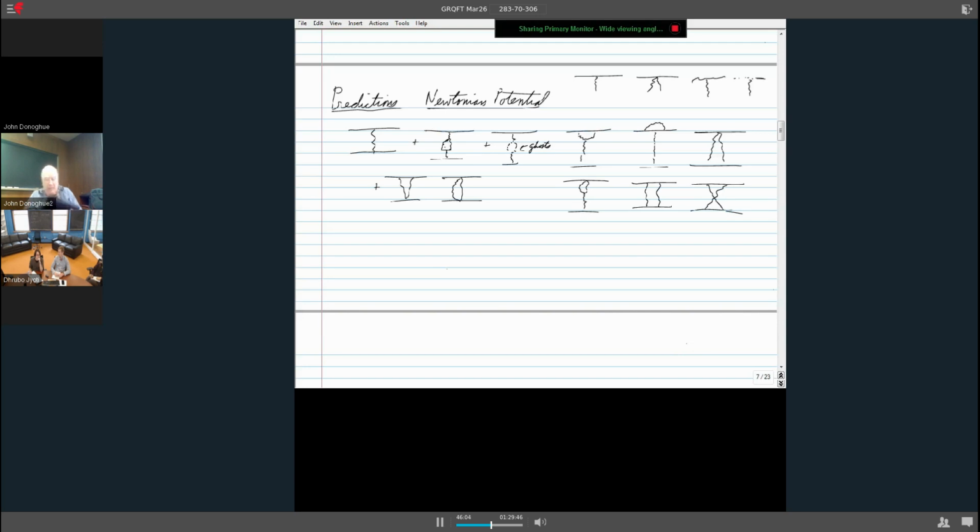I'll write this next one under here. There's one that looks like this, and with the triple graviton vertex. So I put them next to each other because of the triple graviton vertex. There's one that looks like this. There's a box diagram, which is this. Cross box diagram.